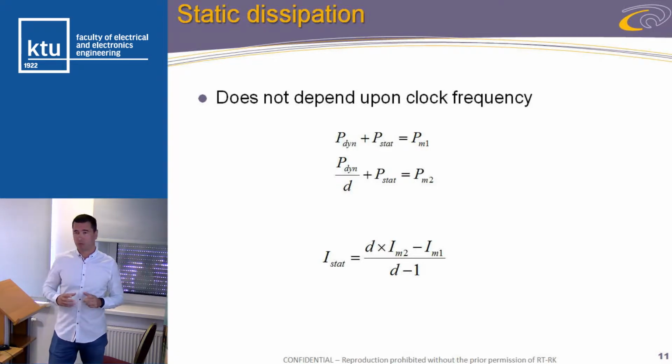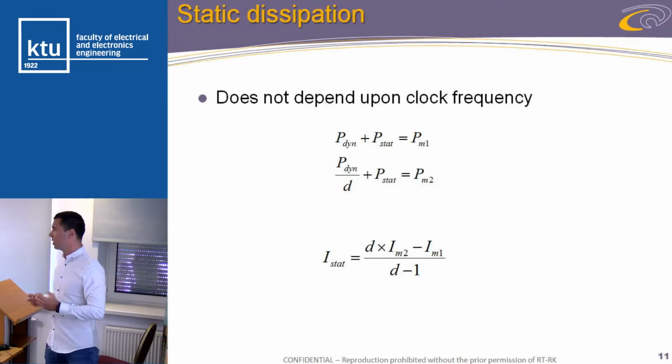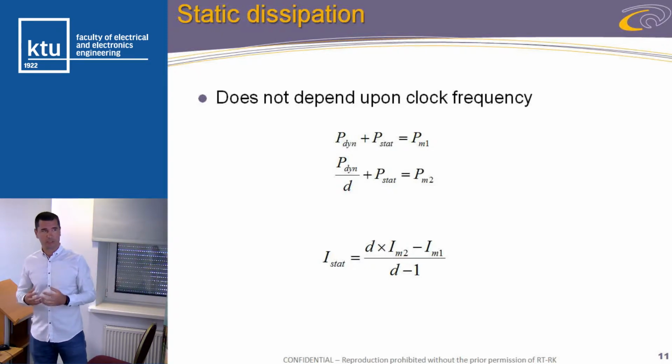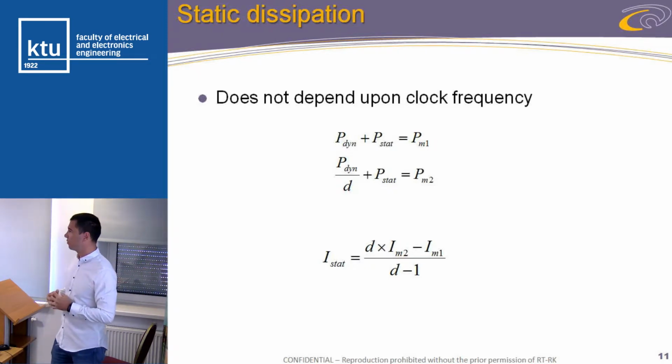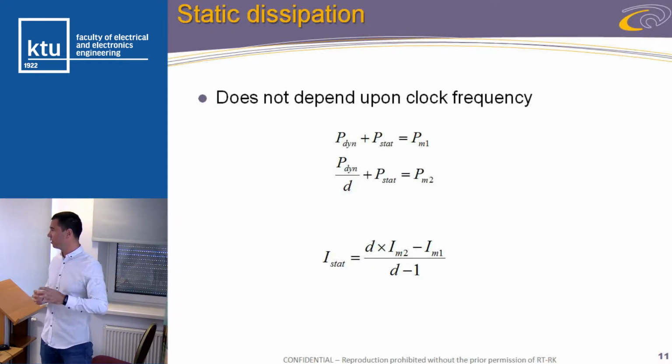In order to identify which part is dynamic and which is static dissipation, we can use the properties of those dissipations that I mentioned on the graph with red and blue surfaces.